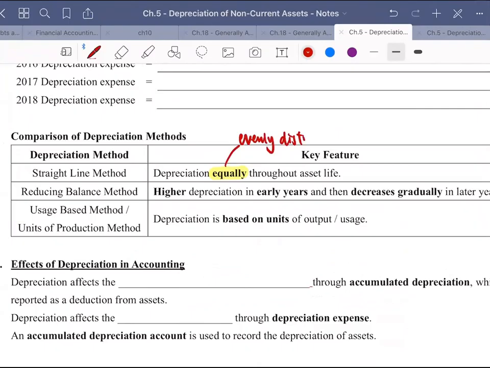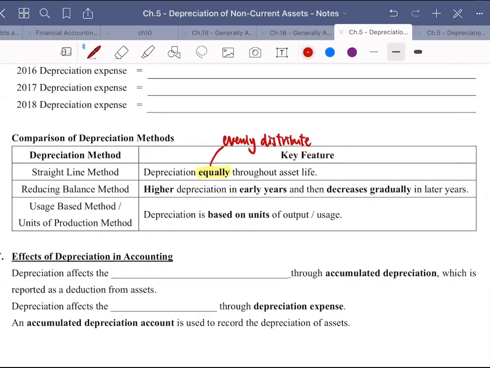You can mark down for yourself. And the reducing balance would have a higher depreciation in earlier years, and then it would decrease gradually. You see, I bold the keywords already, but you can highlight the keywords to make yourself clear and aware of the depreciation methods' key features.